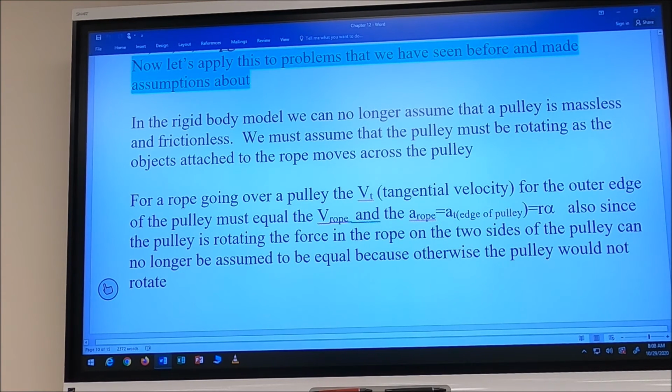And if the rope is accelerating, then the acceleration of the rope equals the tangential acceleration of the pulley, which equals the radius of the pulley times the angular acceleration. Okay? Also, since there is a rotation of the pulley, that means that there essentially has to be a net torque on the pulley, which means that the tension in the rope on the two sides of the pulley can no longer be assumed to be the same.